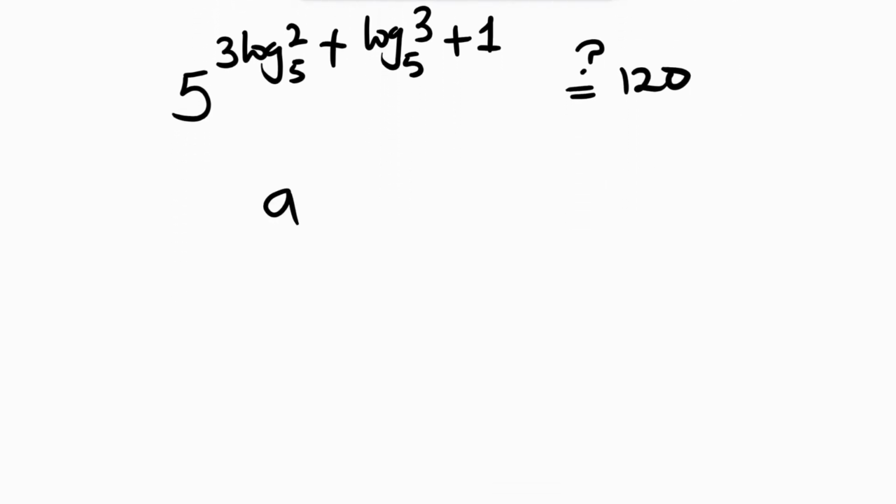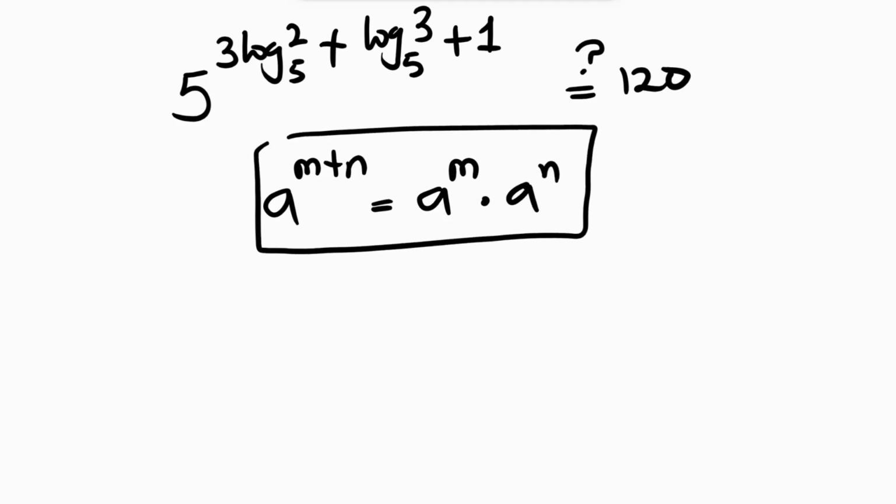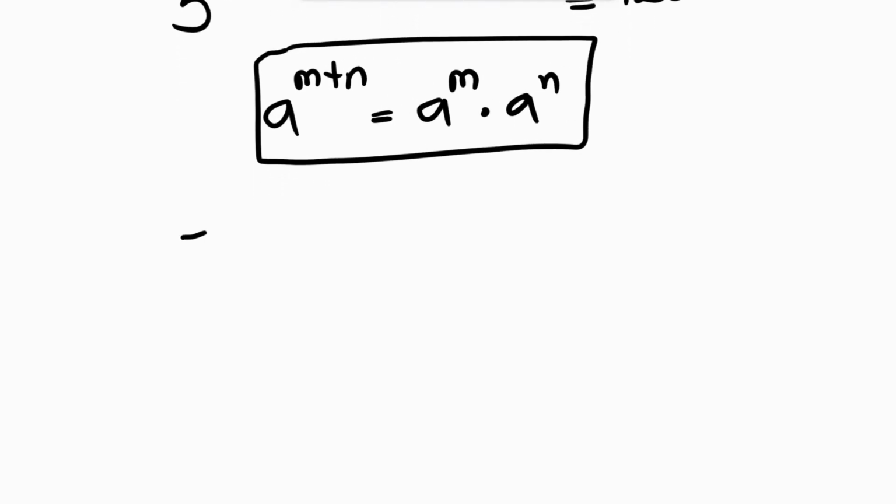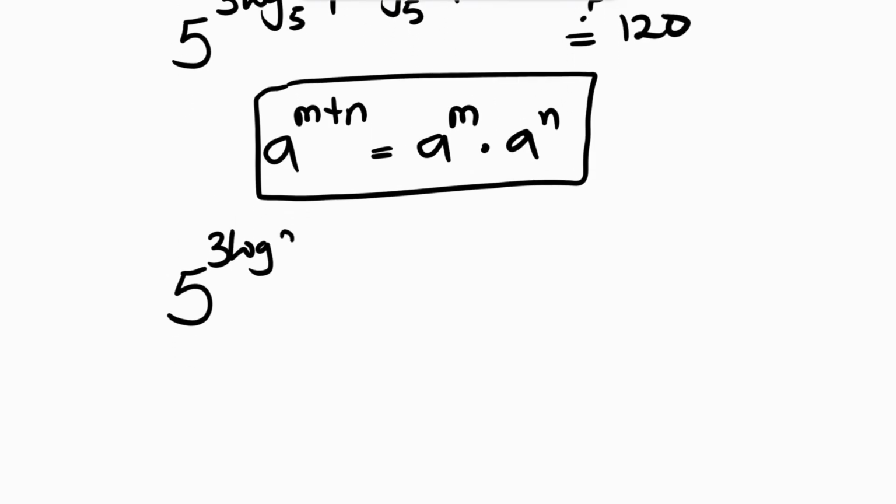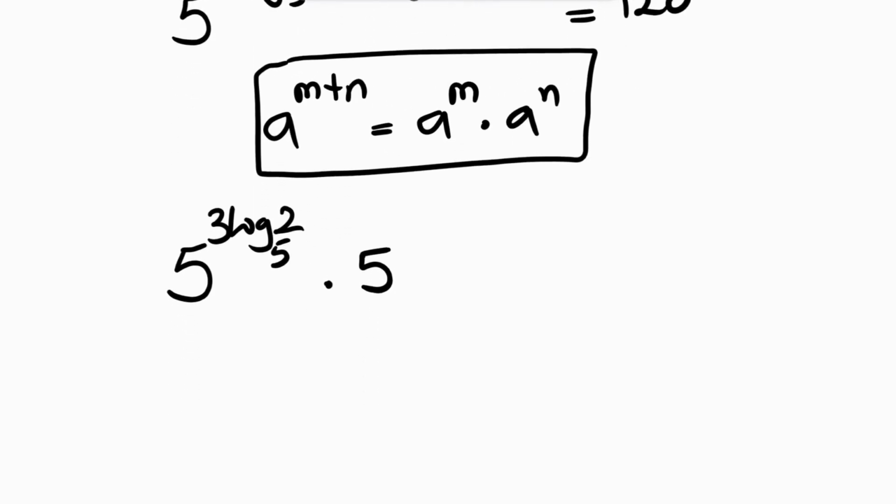And we know that a raised to the power m plus n is a raised to the power m dot a raised to the power n. So the left hand side becomes 5 raised to the power 3 log of 2 base 5 times 5 raised to the power log of 3 base 5 times 5 raised to the power 1.